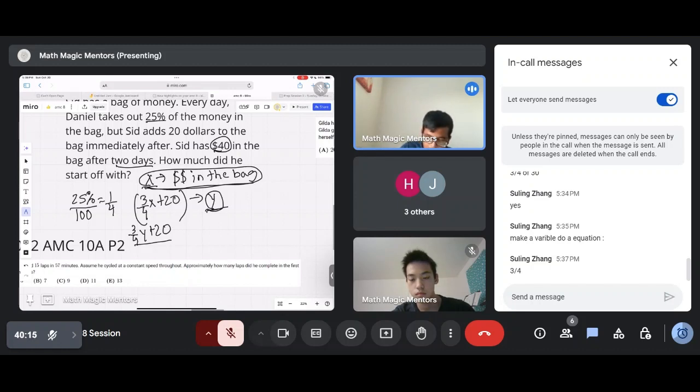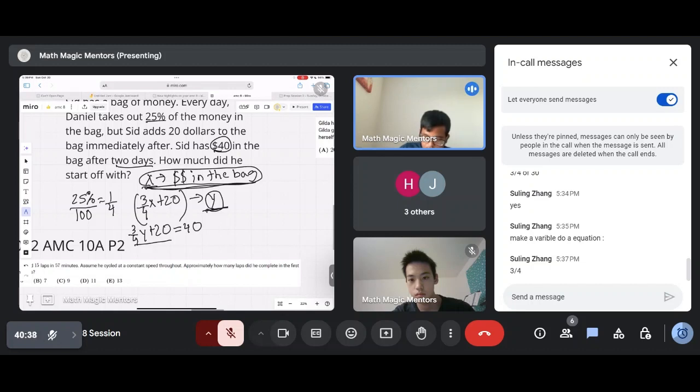So I'll get three-fourths Y plus 20, and I'll set that equal to 40, right? Because this is the amount of money that I have after 2 days. So first day, I begin with X. Then the first day after all this happens, I have Y. And then the second day after all this happens, I have three-fourths Y plus 20, which is equal to 40, since I have $40 in the bag.